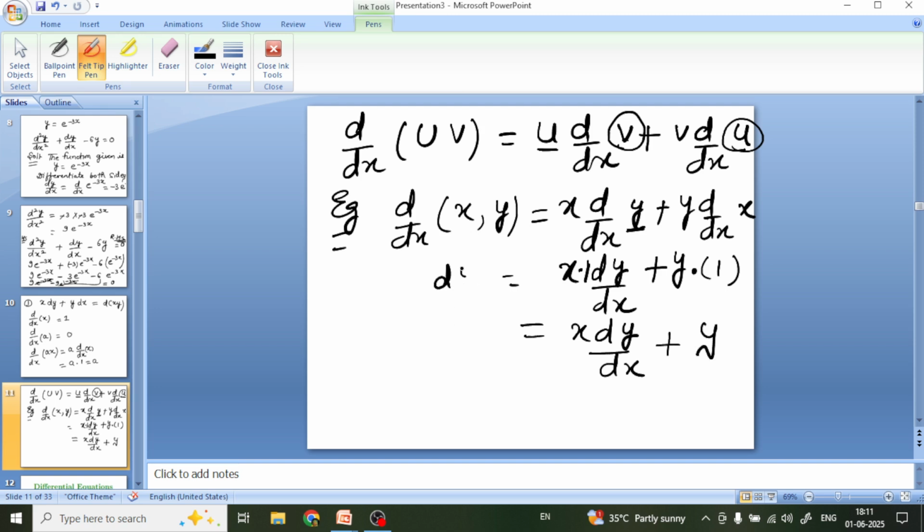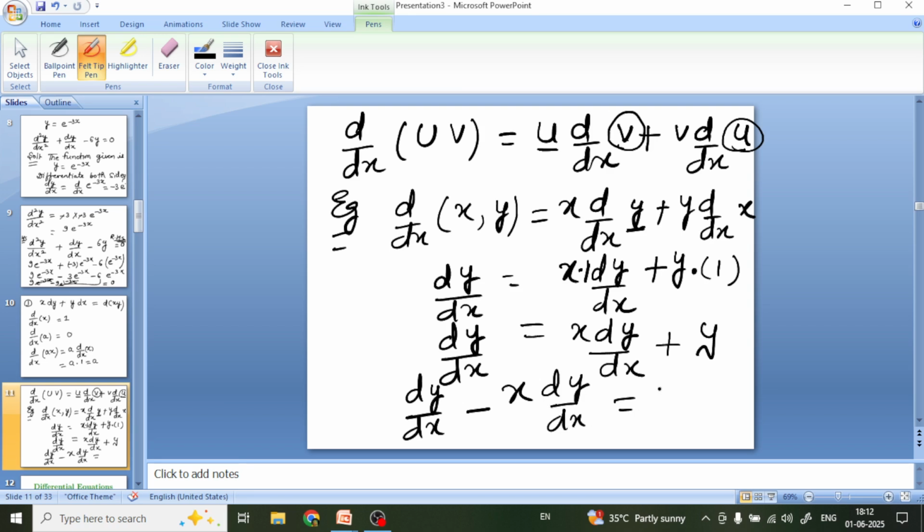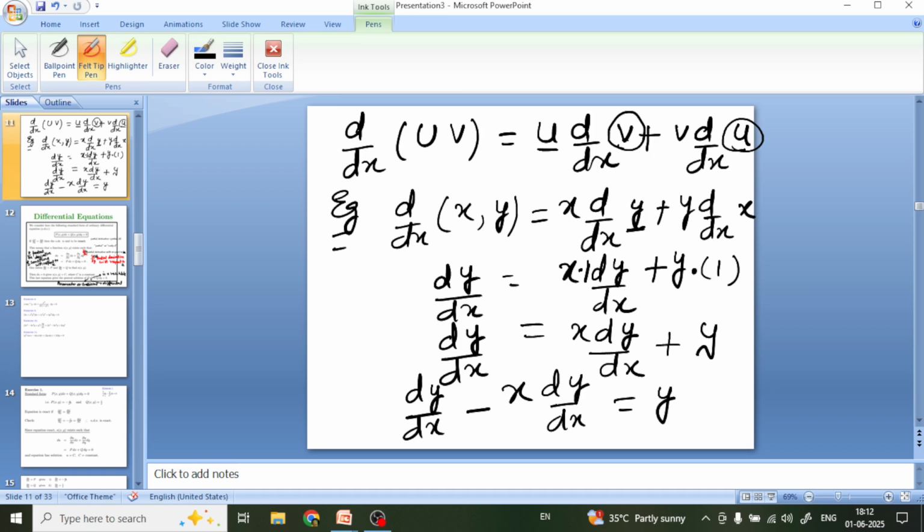Here it also represents dy over dx, and when you solve it, x dy over dx goes to the left side, then it will be minus x dy over dx equal to y.